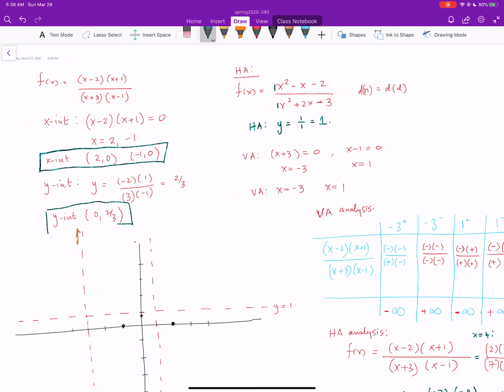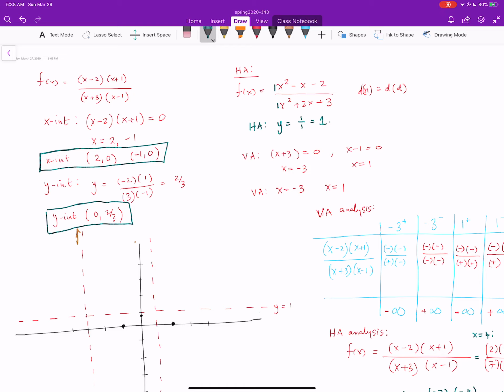Now the next thing to find is the horizontal asymptote. To do this, we need to rely on the 3 ways that we discussed in the other video on how to find horizontal asymptotes. Meaning if the degrees are equal, then we just take the leading coefficient of the numerator and divide it by the leading coefficient of the denominator.